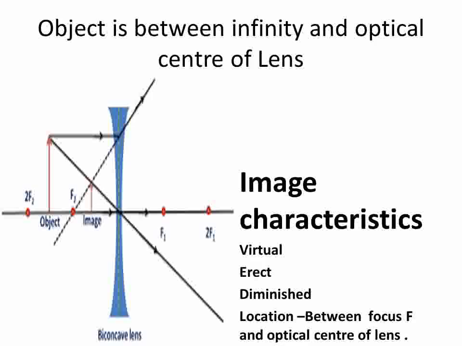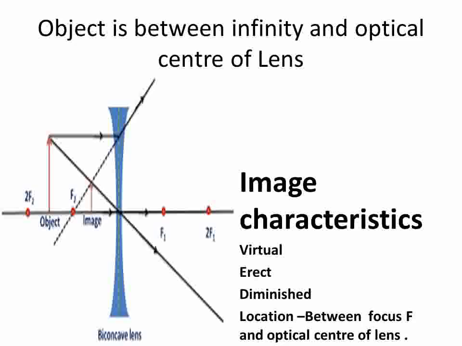Now, for the remaining cases: just like we have 6 cases in a convex lens, here the first case is object at infinity, and the remaining 5 cases make a similar type of image and diagram.